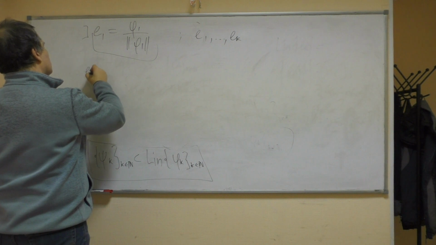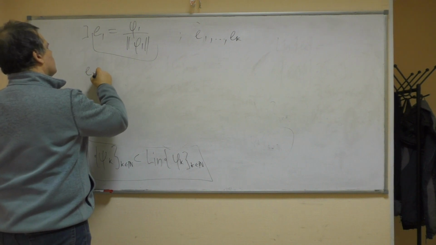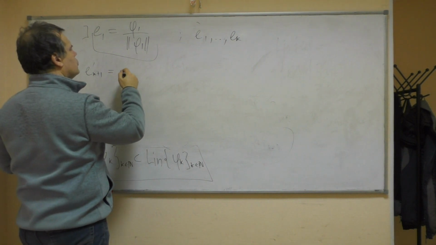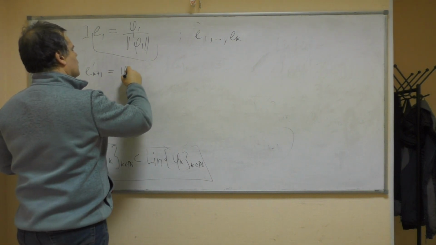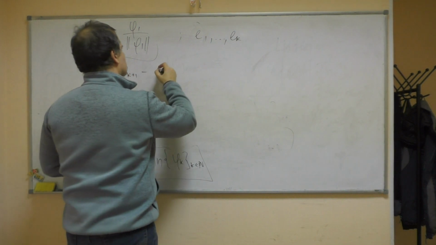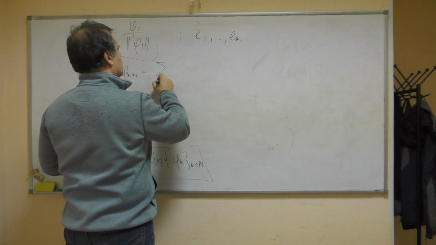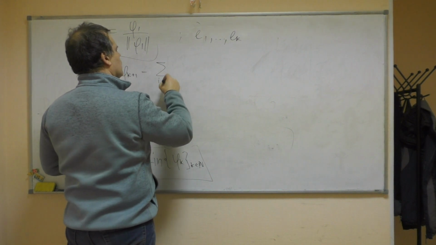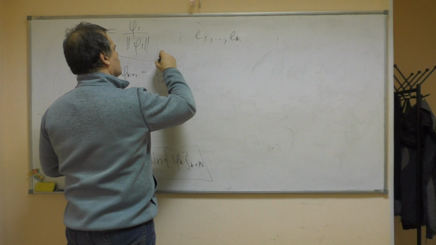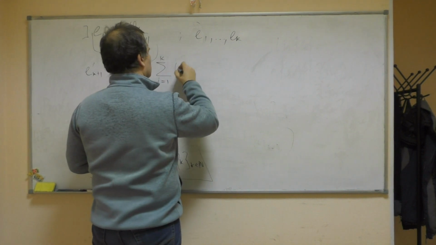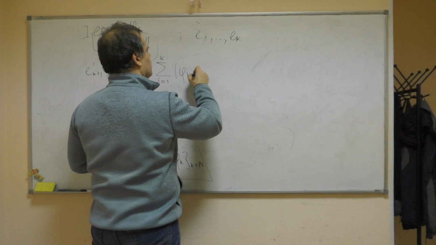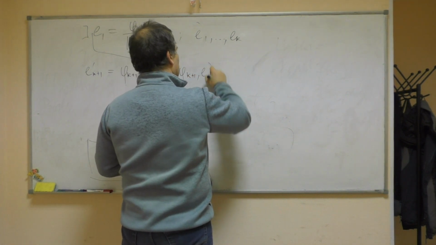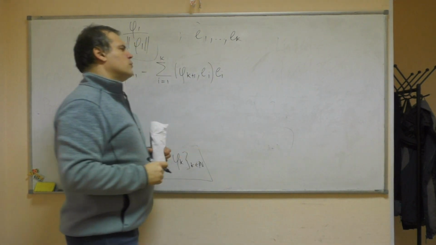So e'(k+1) is equal to phi k plus 1 minus the sum from i equals 1 to k of (phi k plus 1, ei) multiplied by ei.